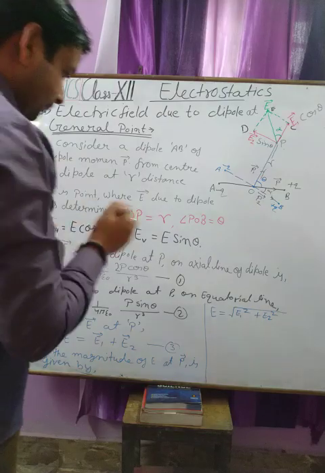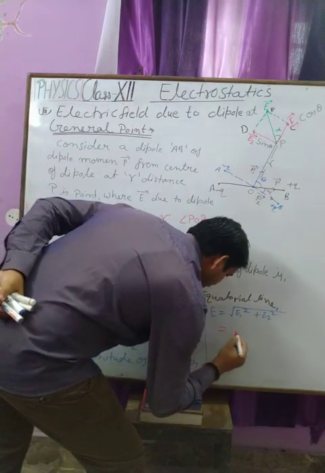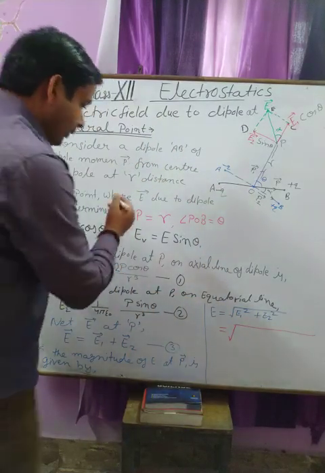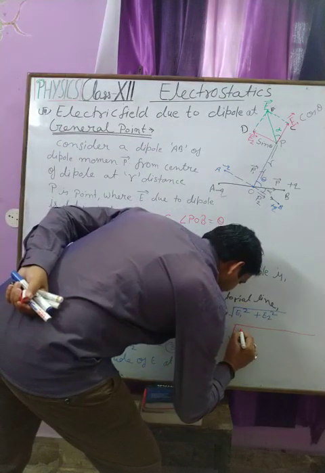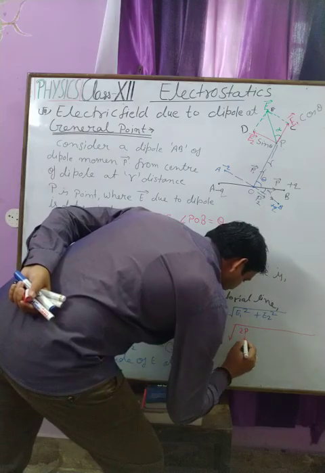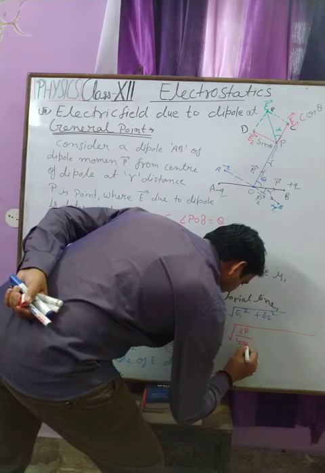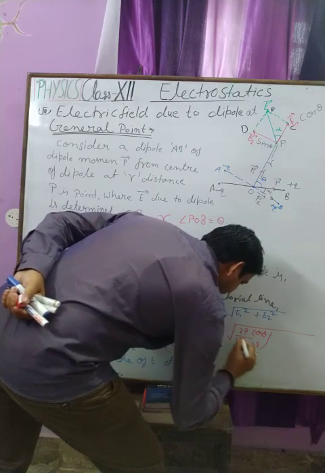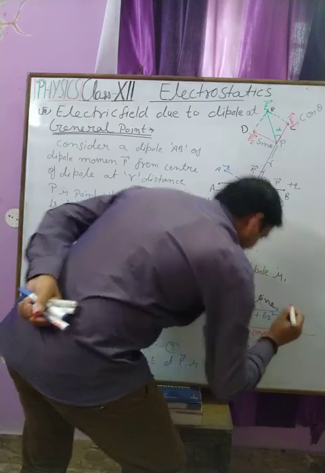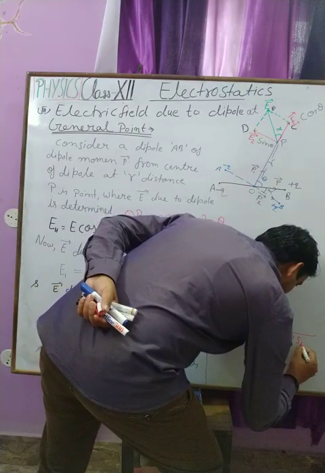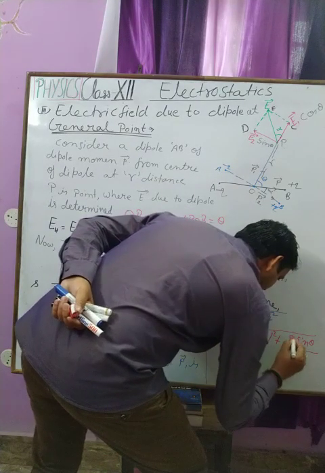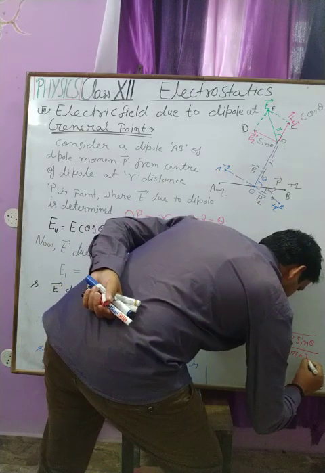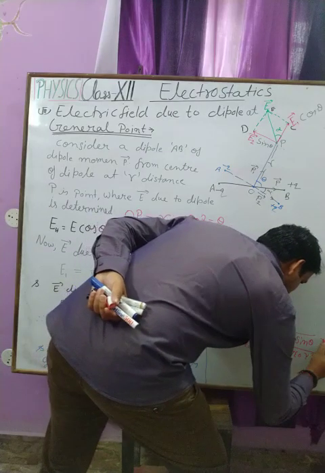Therefore, by using these values from equation first and second, we are getting under root of 2p cos theta upon 4 pi epsilon naught r cube whole square plus p sin theta upon 4 pi epsilon naught r cube whole square.